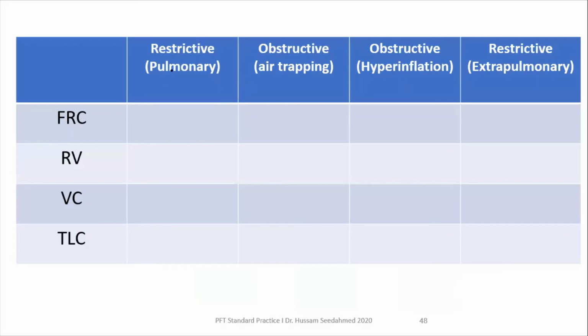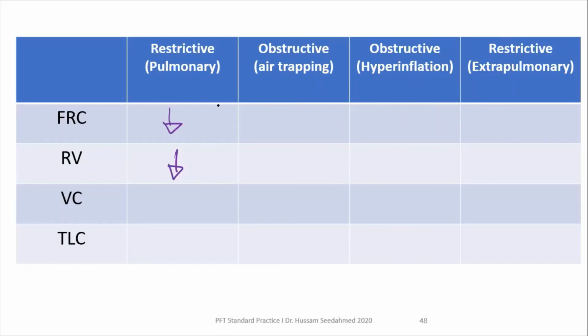So for example, in pulmonary restrictive diseases, the FRC, the functional residual capacity, is going to decrease. The residual volume will also be decreased.